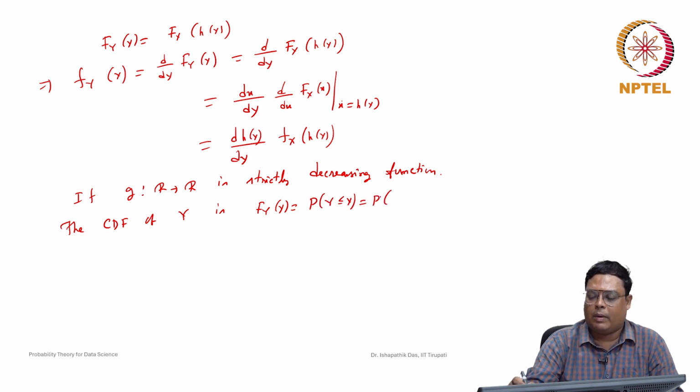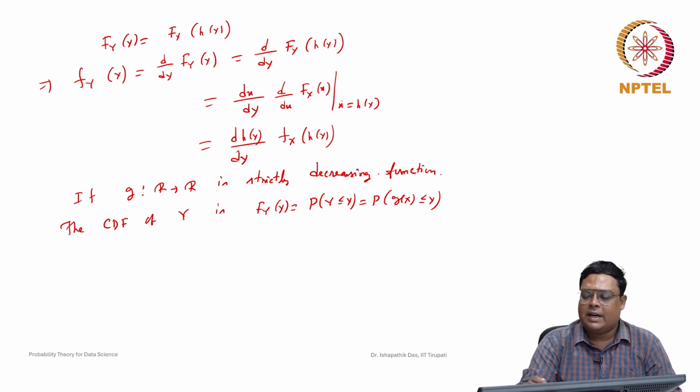So the probability that Y is g(X), g(X) less than or equal to y. Now because it is a strictly decreasing function, this probability will be the same as X greater than or equal to g inverse of y, because it is a strictly decreasing function.